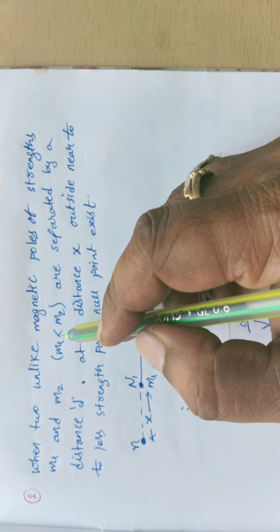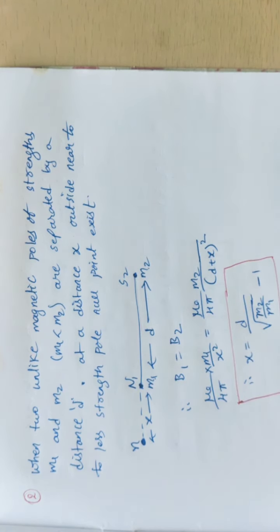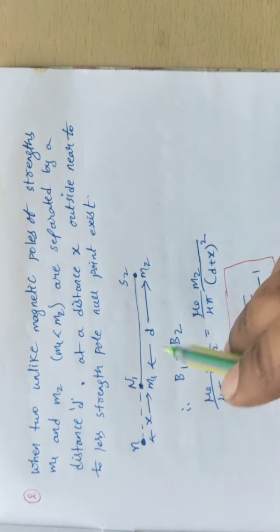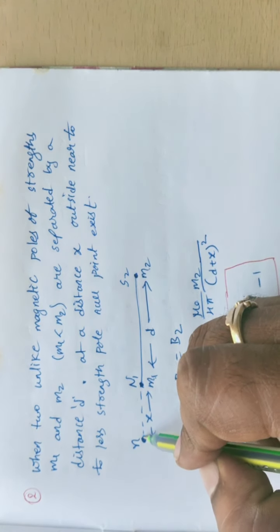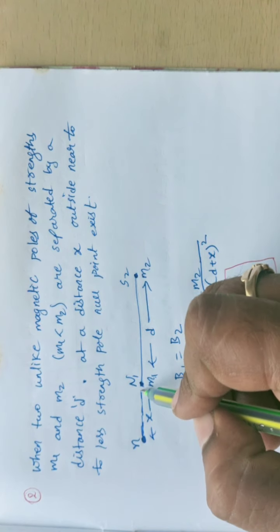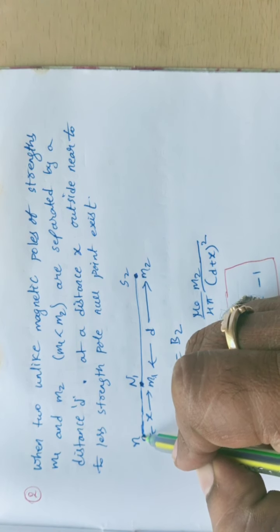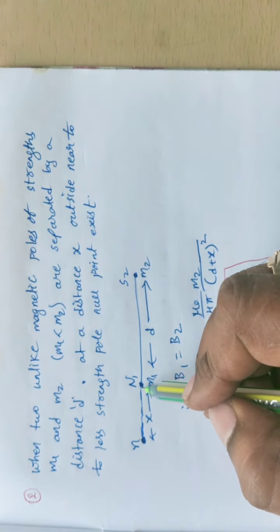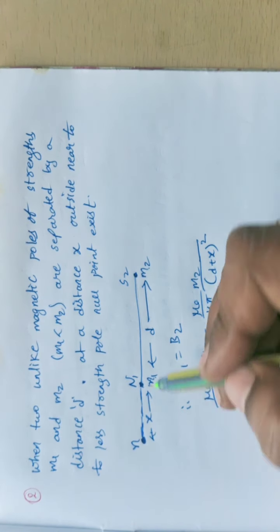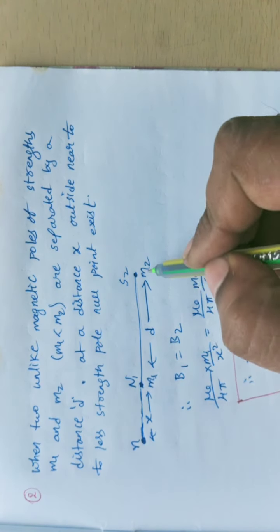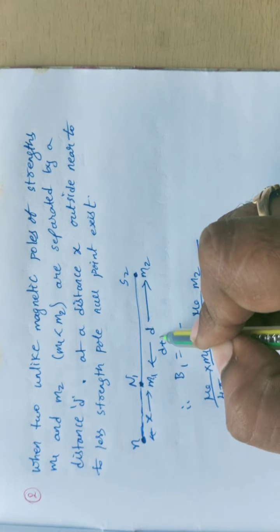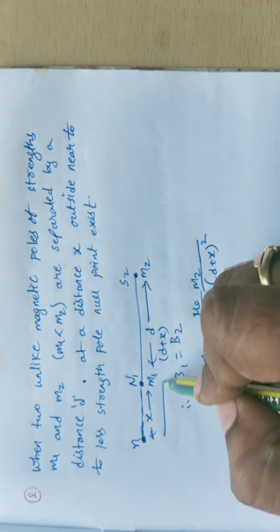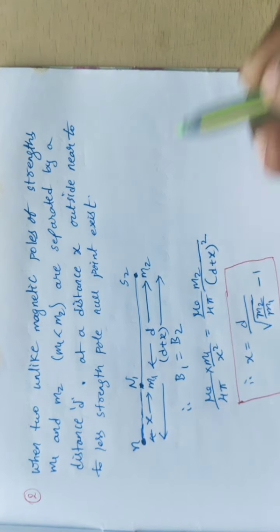Clearly at the start we mentioned, students, M1 is less than M2. So nearer to this M1, outside of it, one null point exists at a point small n. Here from M1 to here this distance is maintained as small x. From M2 to here, the distance we observe is d plus x.